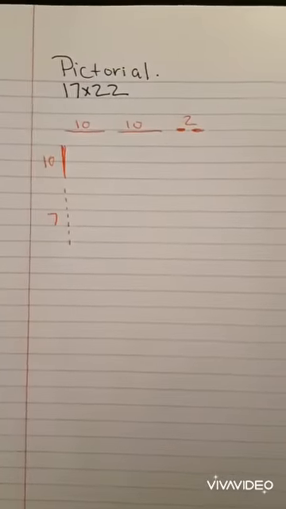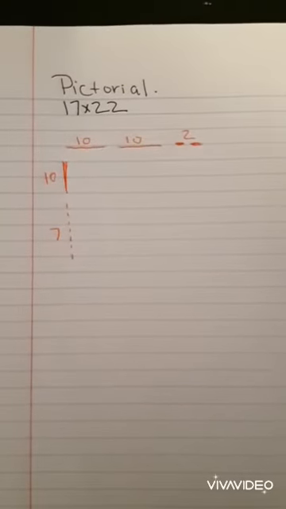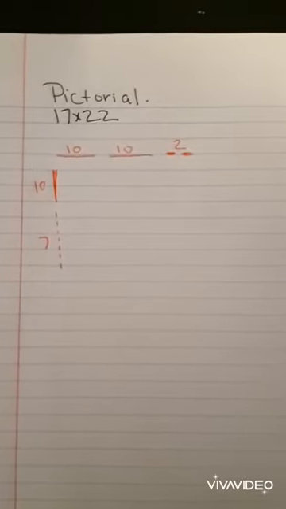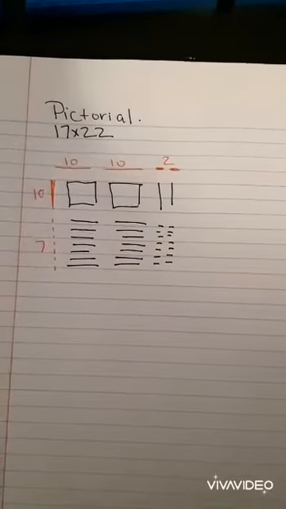I'm going to make a matching pictorial representation of the question for 17 times 22. I have decomposed the two numbers into their place values, where we have 2 10s and 2 1s, and 1 10 and 7 1s.